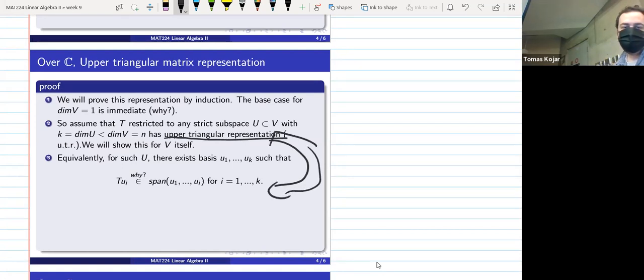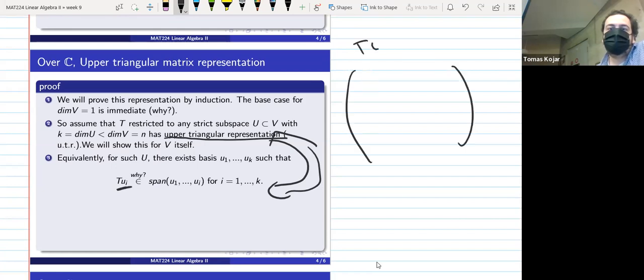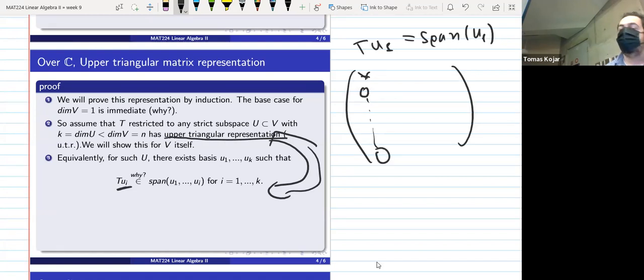So what does it say? If you give me any vector, let's say u1, then Tu1 is in the span of u1. You put something and then 0. For the second one, Tu2 is in the span of u1, u2. You put stuff and then 0.